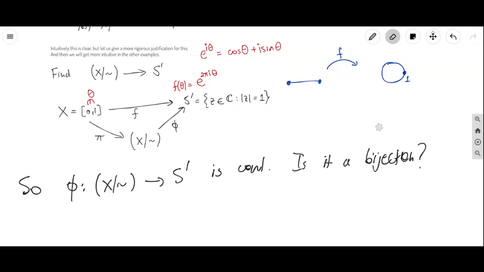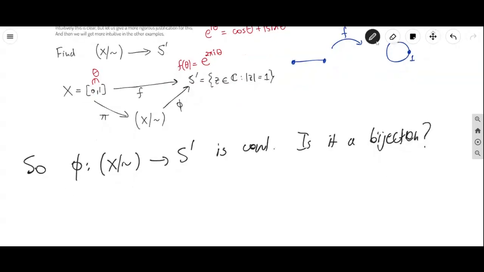Is it an injective mapping? Now here's the part where you have to be careful. F is not injective. It is clearly surjective. Is it injective?